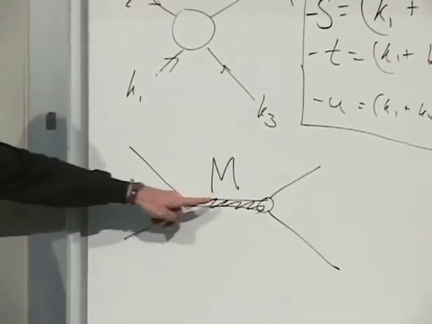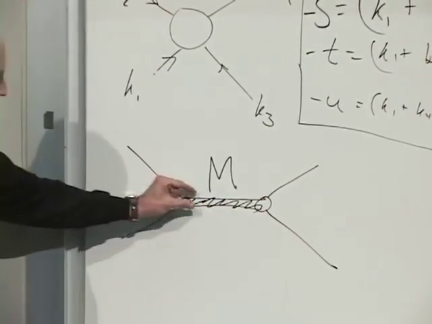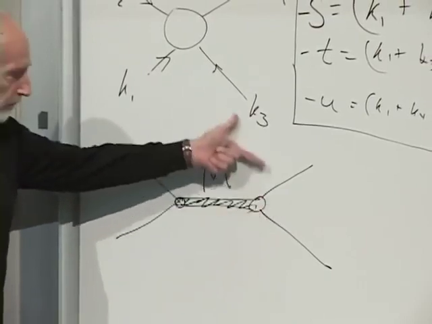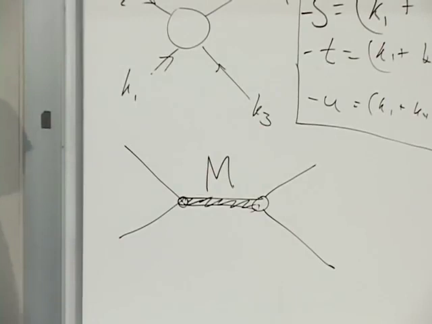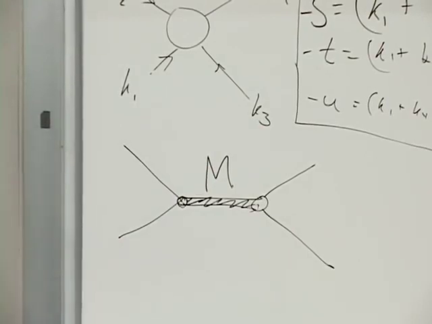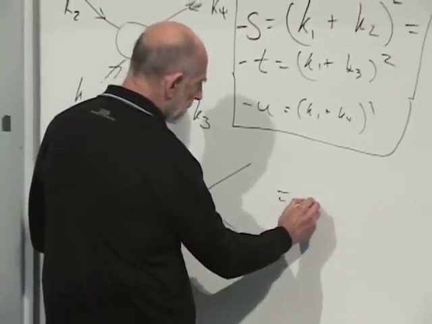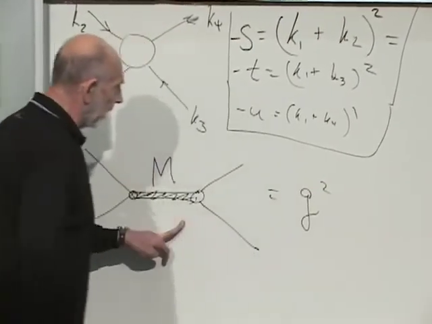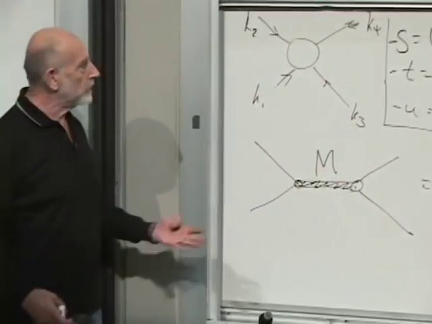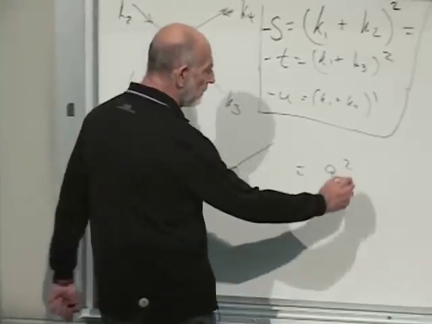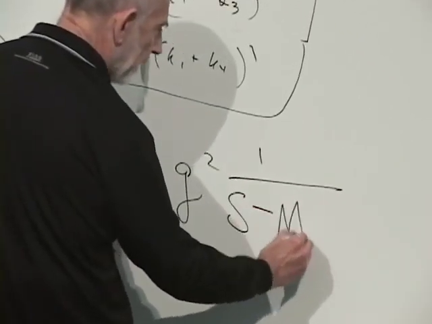Particles come in, they coalesce to form a third particle, and then that particle decays and it goes out. That Feynman diagram has a value. I'm going to tell you what it is. It's the product of two coupling constants. There's always coupling constants in Feynman diagrams. And then there's the propagator of the particle in between, and that has a very simple form. 1 divided by s minus capital M squared.